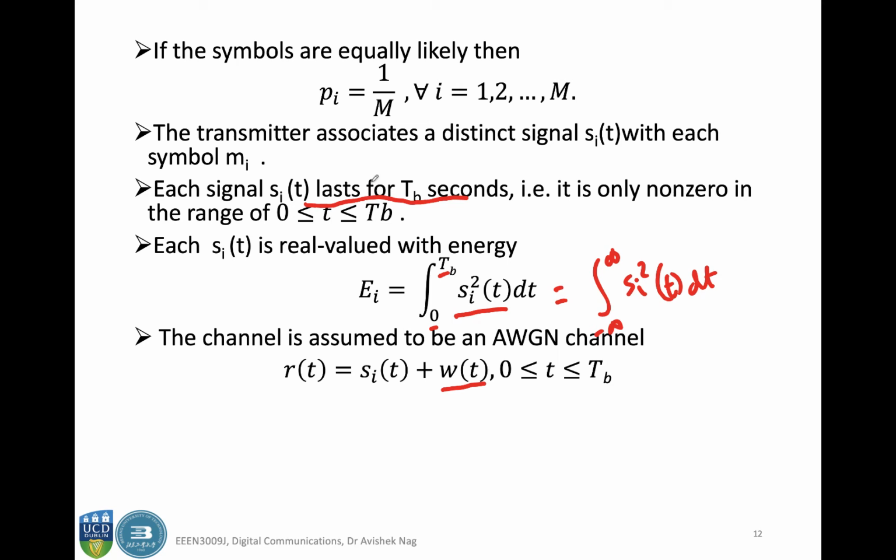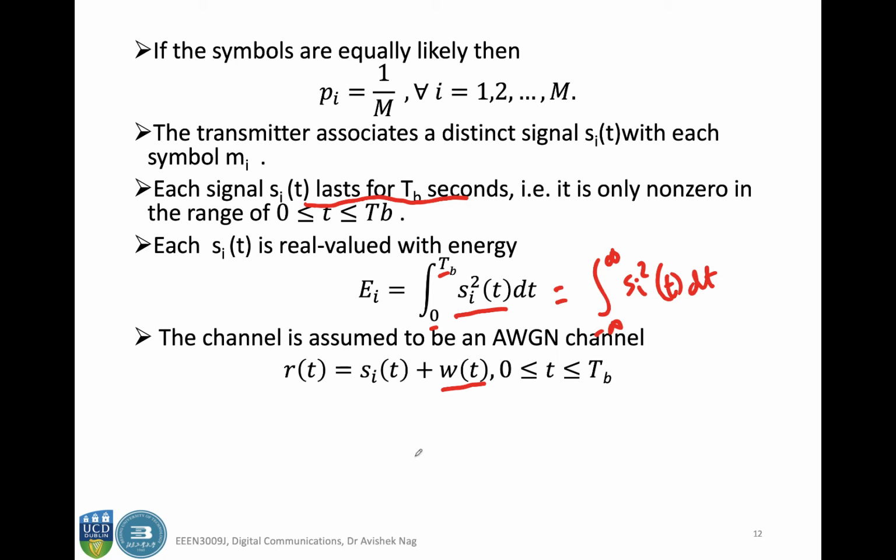And it's white because it consists of all possible frequencies. So if you have different colors and you combine all of them, that gives you white light. So from that concept, we call the noise white noise because it consists of all possible frequencies.